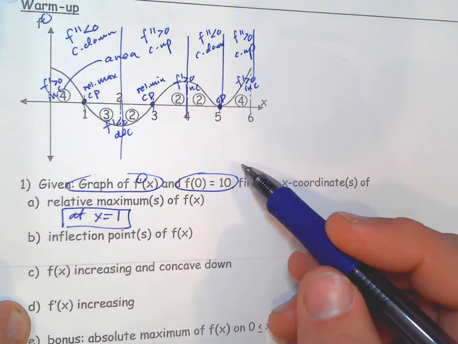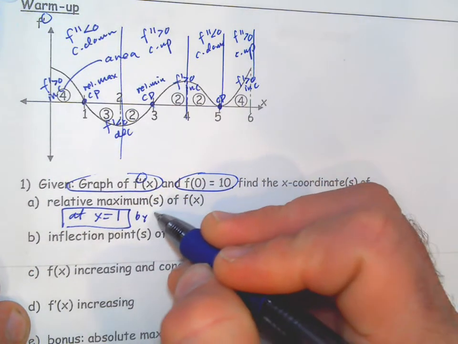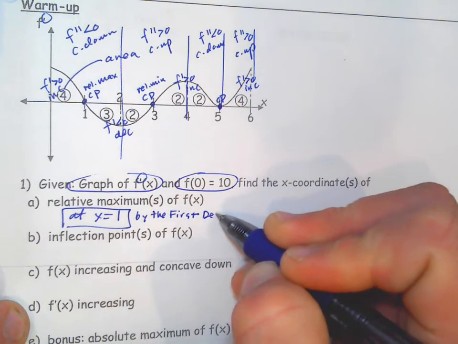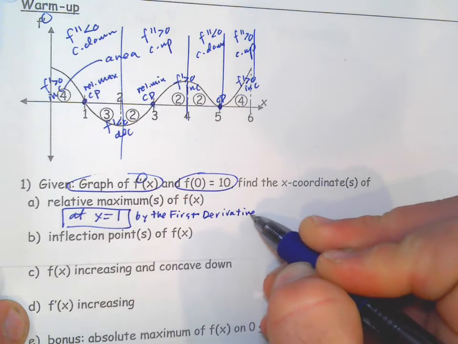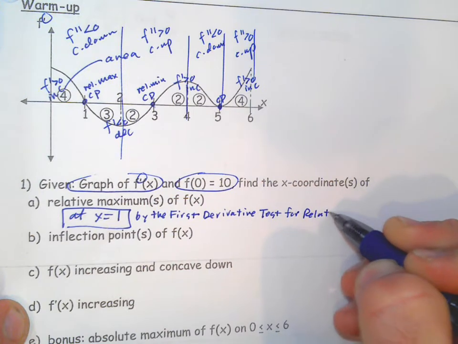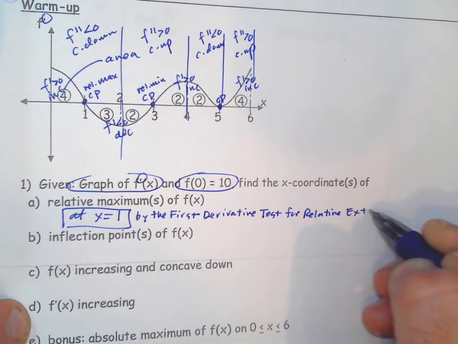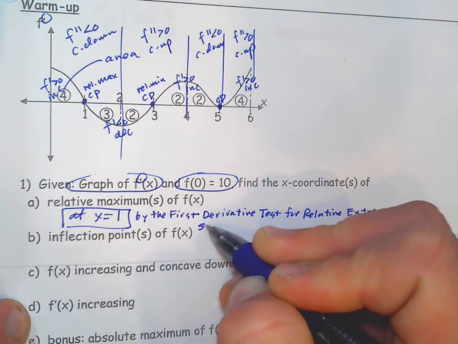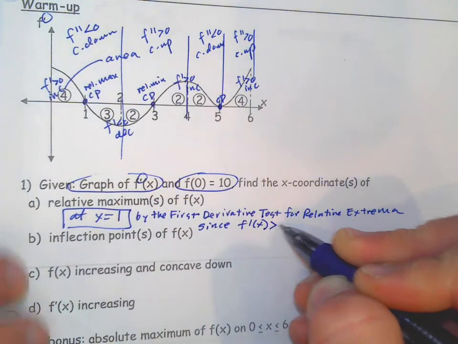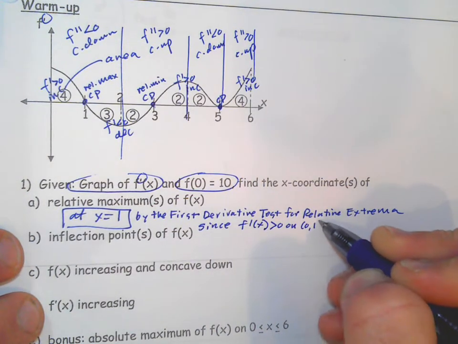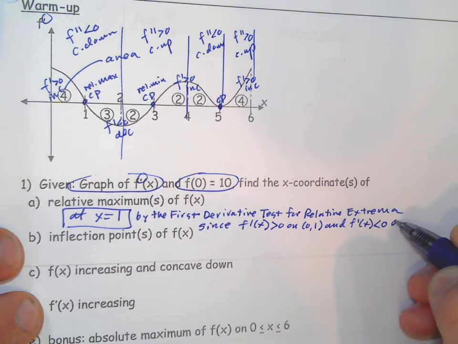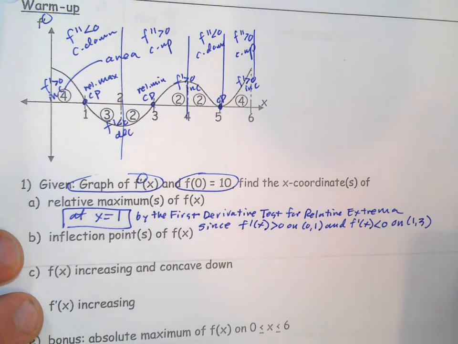If you want to justify it, you can say by the first derivative test for relative extrema, since f prime of x is positive on the interval 0 to 1 and f prime of x is negative on the interval 1 to 3. That's really good justification there.